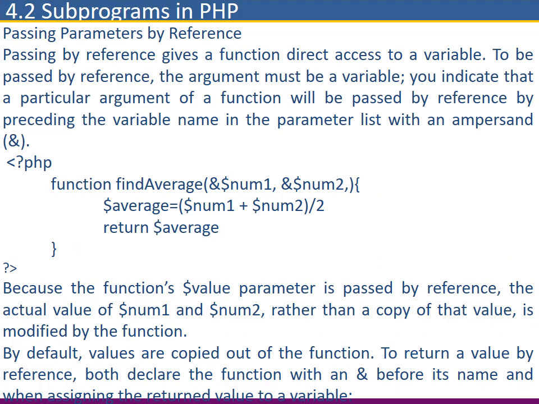The next one is passing parameters by reference, as opposed to by value. This gives a function direct access to a variable, and to be passed by reference, the argument must be a variable. You must indicate that a particular argument of a function will be passed by reference by preceding the variable name in the parameter list with an ampersand sign.